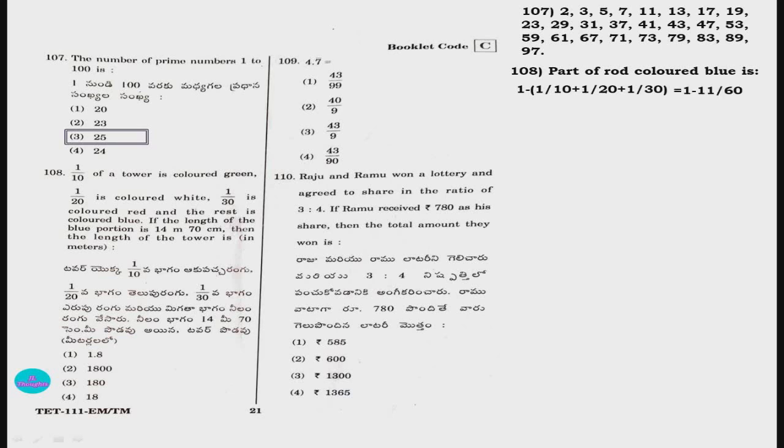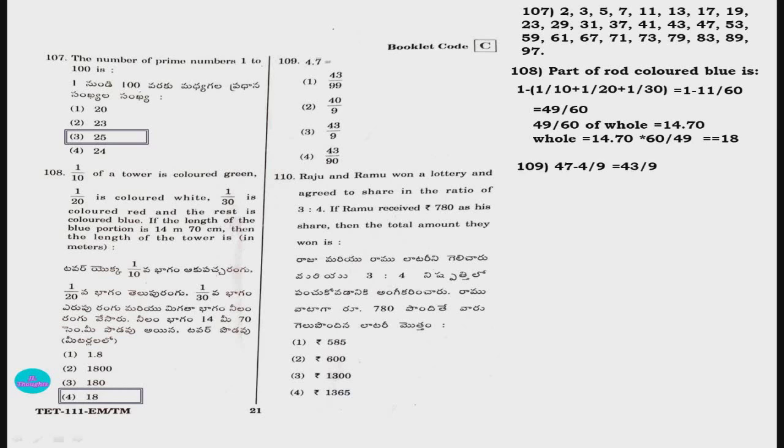So solving this, you will get 1 minus 11 by 60, that is 49 by 60. And it is given that the blue portion is 14 meters 70 centimeters. So 49/60 of the whole is equal to 14.70. So the whole is equal to 14.70 into, if it goes there, it gets reversed, 60 by 49, that is 18. So the answer is option 4, 18.